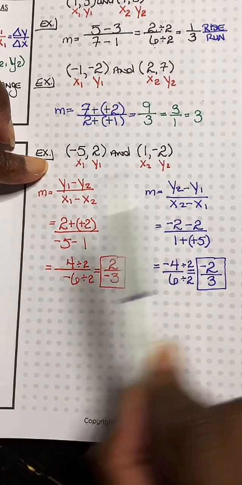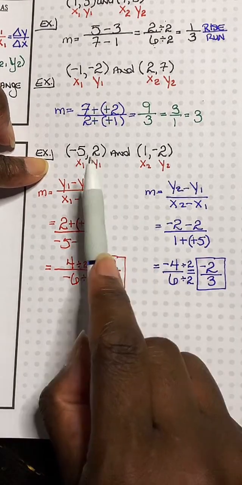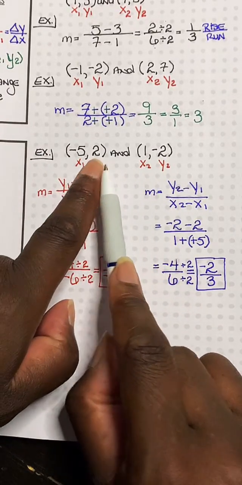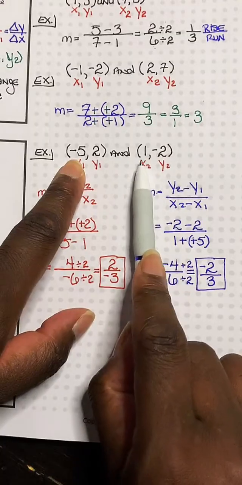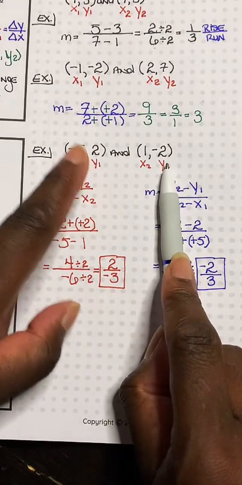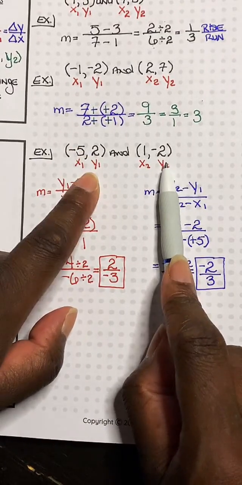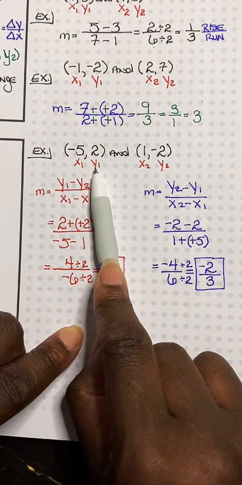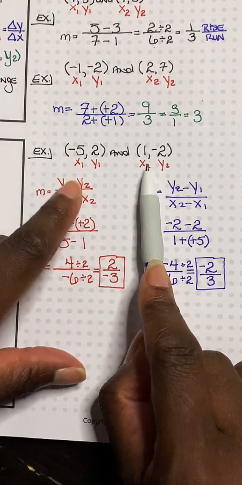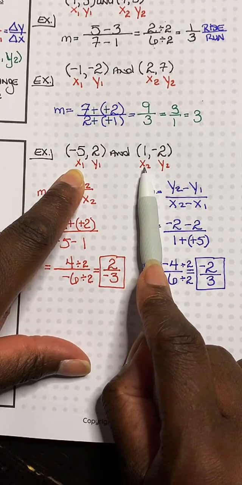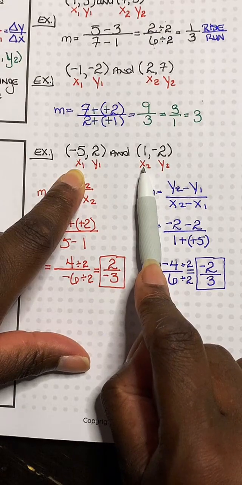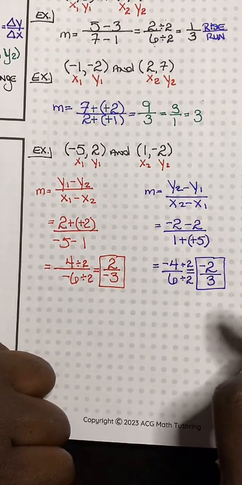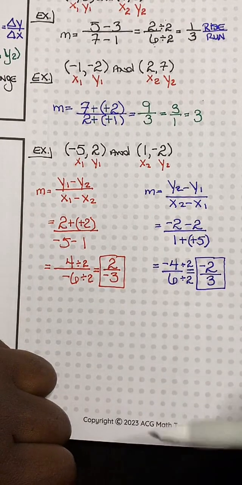So you will get the same answer. If I go from left to right, our eyes easily glide from y to y and x to x. We always make mistakes, not so much with the y's when we do y2 to y1. The part that always screws us up is the x's. And I'm going to tell you right here and now, the wrong answer with the x's is always an answer choice to one of your problems.